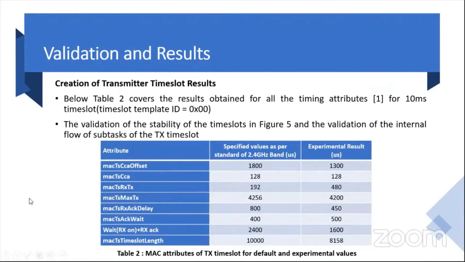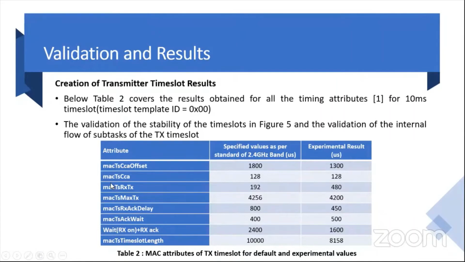As we saw in the previous diagram of the TX time slot, we have the timing parameters: CCA offset, CCA, RX TX, max TX, TX delay, and RX wait. These are all the timing parameters associated with the time slot. In the standard, they have specified the values for the 10 millisecond time slot. In a time slot, all these things should be performed on the transmitter side. From idle, it will enter into fire ready. From fire ready, it will enter into CCA, perform CCA, and then revert back to fire ready.